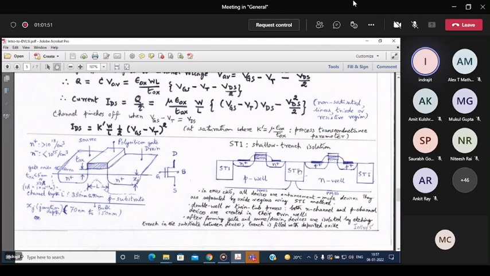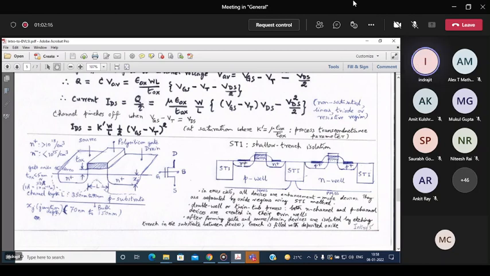What is this shallow trench isolation? It isolates the transistors from one another. In a silicon wafer you have billions of transistors, and all of them should be separated from one another. To ensure that, you have effective isolation by STI. Shallow means not deep. There is a P well.